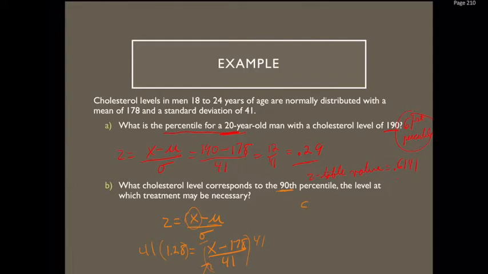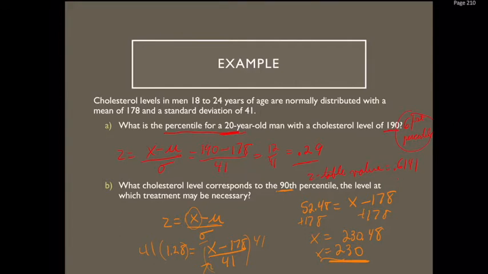Okay, that gives me 52.48 equals x minus 178. Now I need to add 178 to both sides. That gives me an x value of 230.48. Let's go ahead and round that. So x equals 230. So a cholesterol level of 230 would mark the 90th percentile.